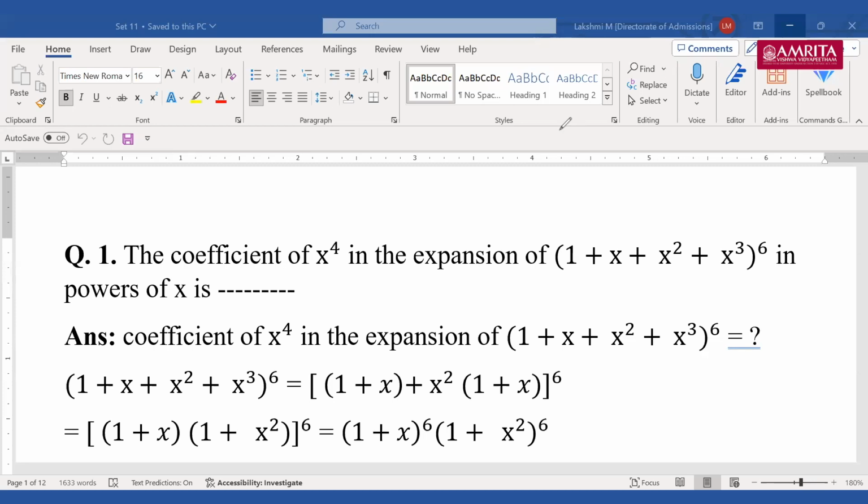It's a very simple question, and a very repetitive format. It could be the coefficient of x raised to 4, x raised to 10, or anything. Maybe they'll ask for the coefficient of x square or x raised to 5. So the coefficient of x raised to 4 in the expansion of (1 plus x square plus x cube) whole raised to 6.